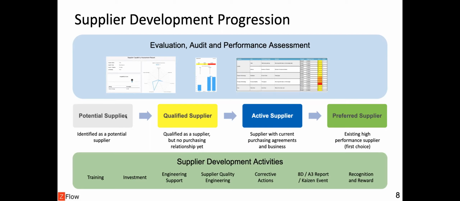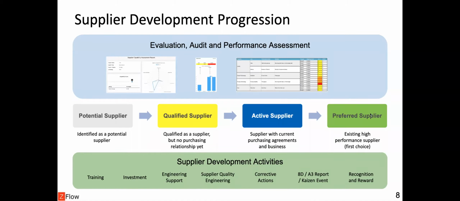They can start off as potential suppliers. You like them, you evaluate them that they can do the job. You might qualify the supplier. When you start actually doing business with them, they become active suppliers. And the goal is to get as many suppliers into this preferred box where they are a very high performing supplier and they should be given the first choice when you have a need that they can meet.